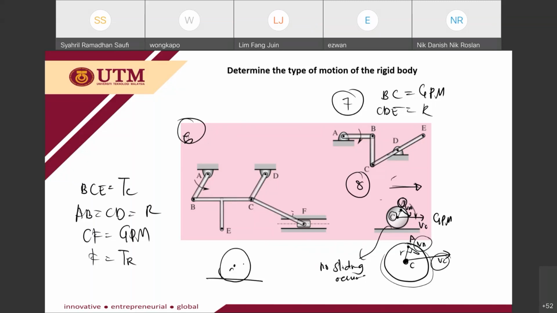So we can say that VA and VC will move rectilinearly, rectilinear translation, if sliding occurs. If no sliding occurs, your roller can rotate, then you will have a GPM. If sliding occurs, then it will become a rectilinear translation.